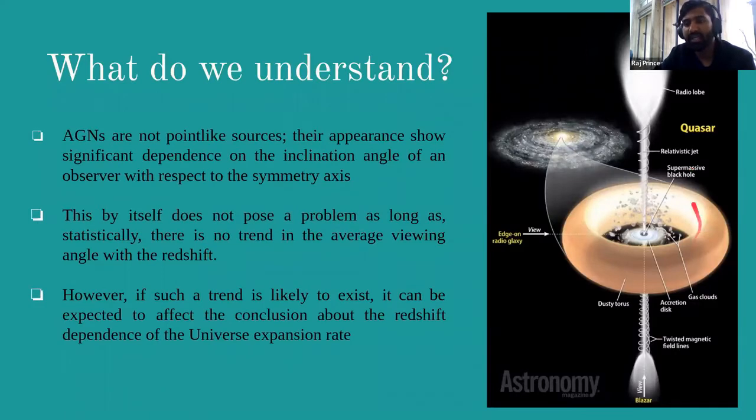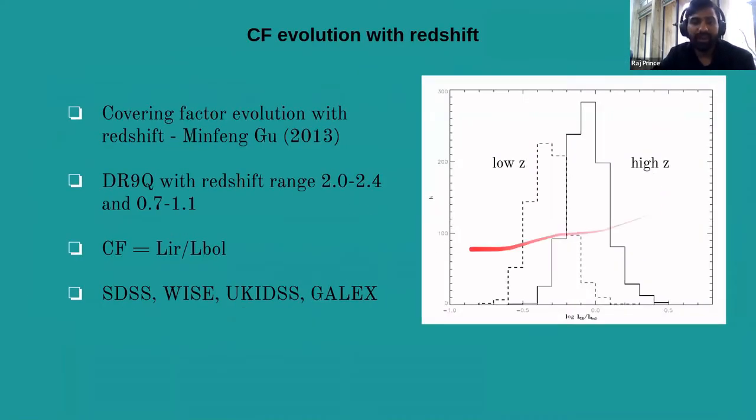So if your dusty torus structure is quite large and covers most of the observer's view, then the covering factor will be more. It is defined as the infrared luminosity to the bolometric luminosity. So if you have a bigger torus, then you have a larger infrared luminosity, and so a larger covering factor.